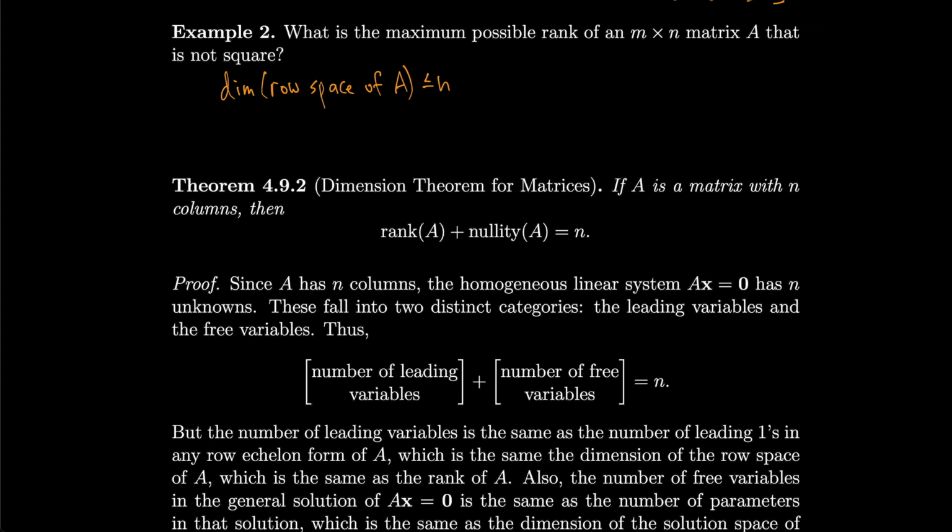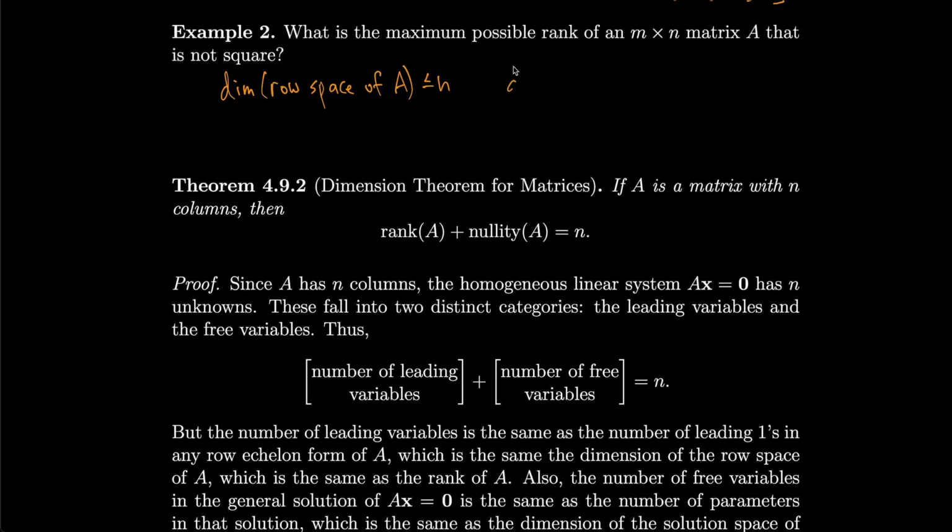Remember that there are n columns, and the number of columns is the maximum number of vectors you could have in a basis for the row space of A, so the dimension must be less than or equal to n.